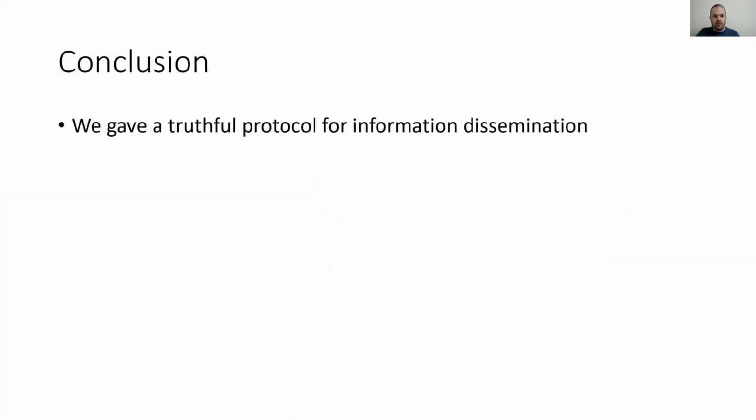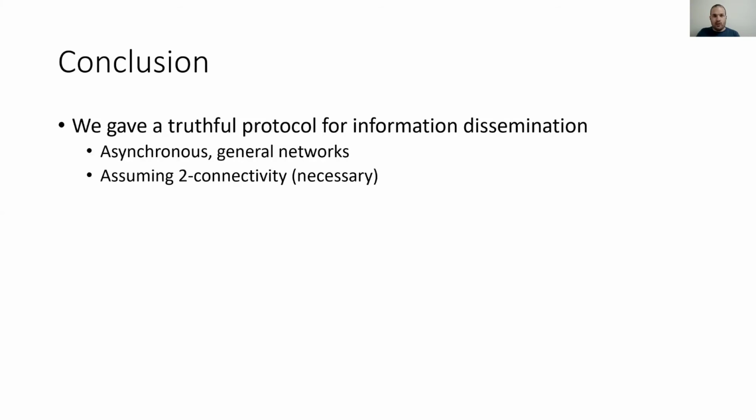In conclusion, we gave a truthful protocol for information dissemination, and we did it in game theoretic settings, in asynchronous and general networks. We assumed that the graph is two-connected, and it's a necessary condition. We showed it. We got an optimal bit and round complexity.